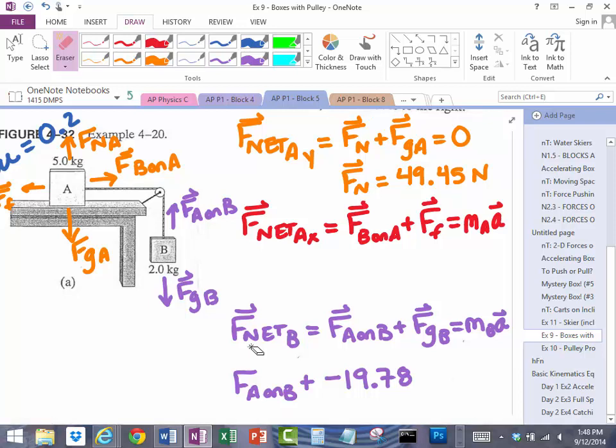Which way is box B accelerating? Down, right? Do you want to call down positive or negative? Negative. So this thing here needs to be negative. What about this one? Negative. And what about this one? Positive. Does that make sense? So I'm going to call that on B the negative 17.8.